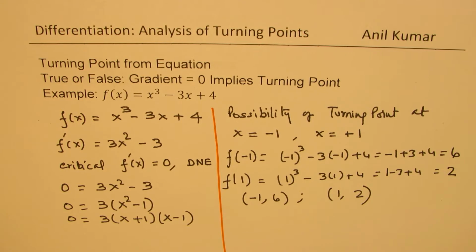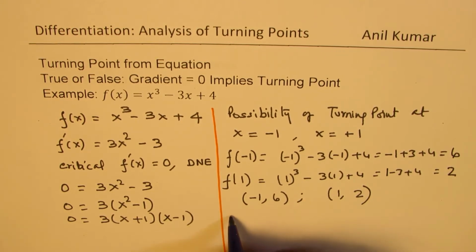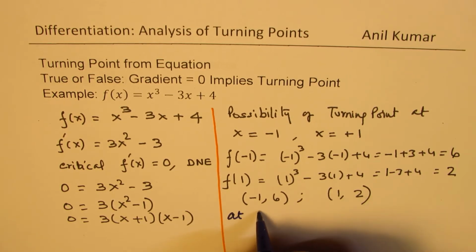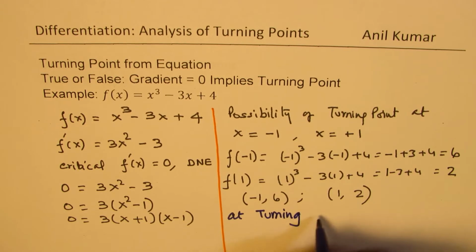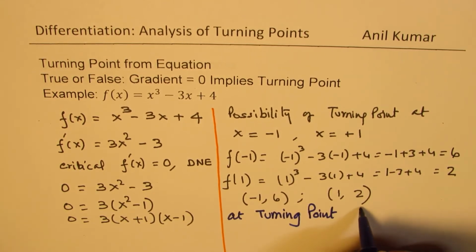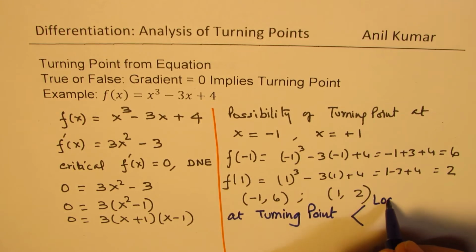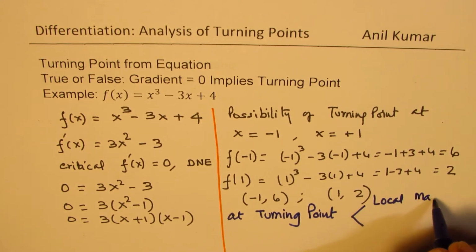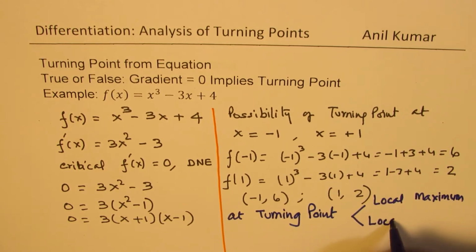But one thing is very clear, and that is that at a turning point, we have either a local maximum or we have a local minimum, right?